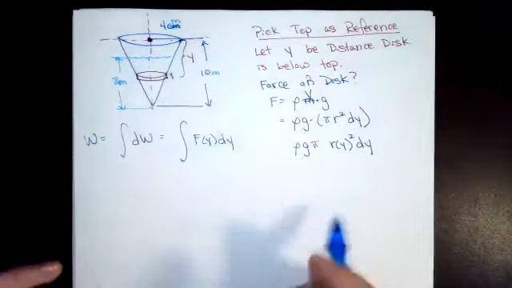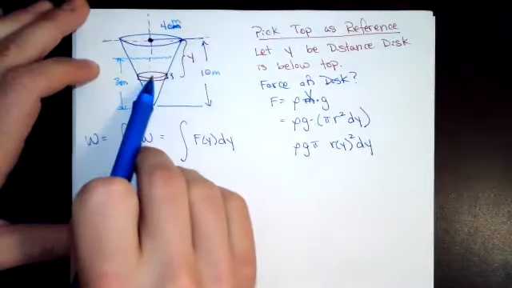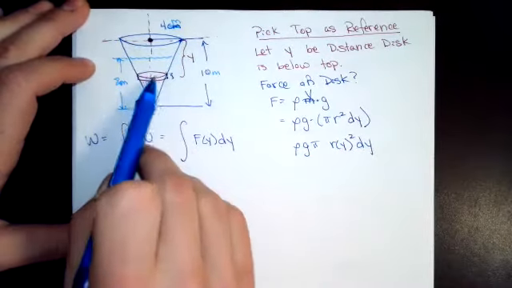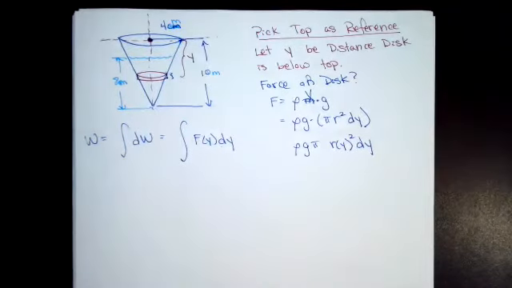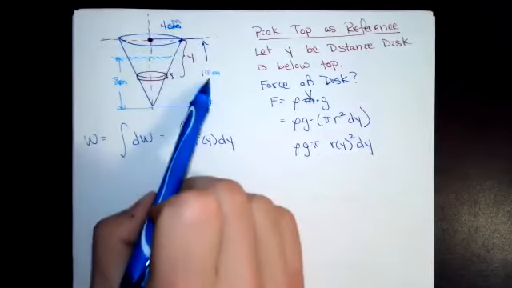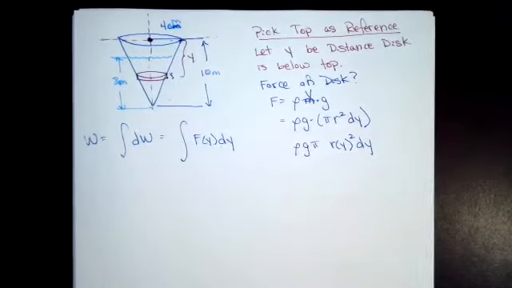Okay, and so based on our picture, the depth is y. How do I figure out the radius at a depth of y? This is where we have to do some geometry involving the height and the radius.